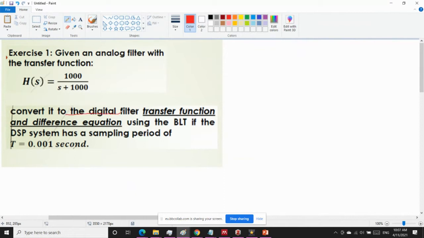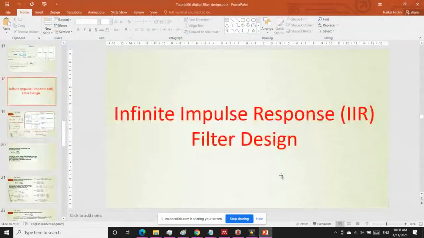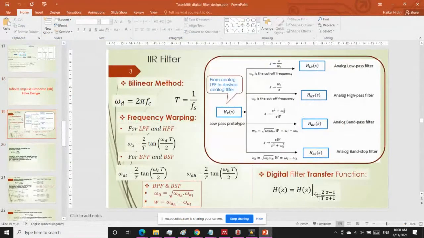Well, convert to digital, that's what it is. Right now it's analog, it's in the form of S. So we just need to convert to digital. We saw that to convert to digital you just replace S with this.